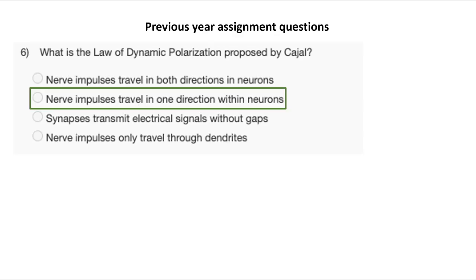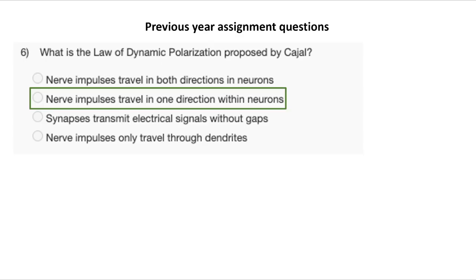Because of that, and because of his other ideas and observations, he came up with this law of dynamic polarization, in which he proposed that there is a polarized flow of information within neurons.